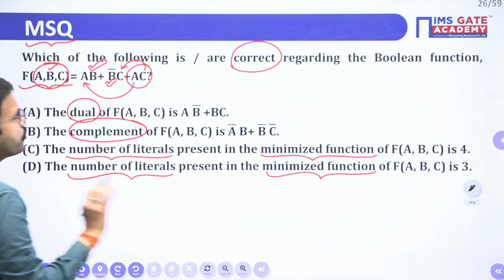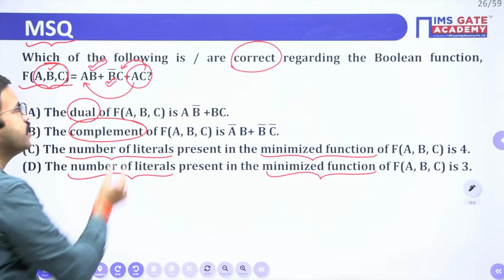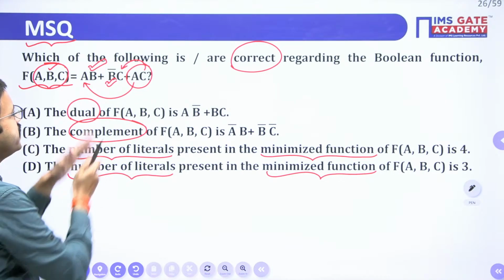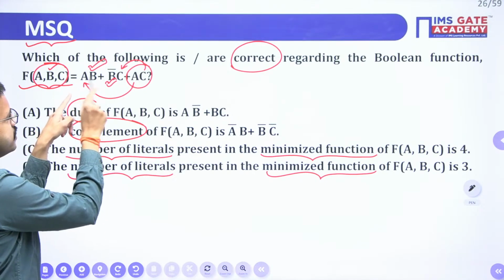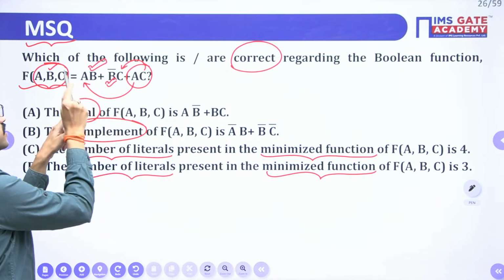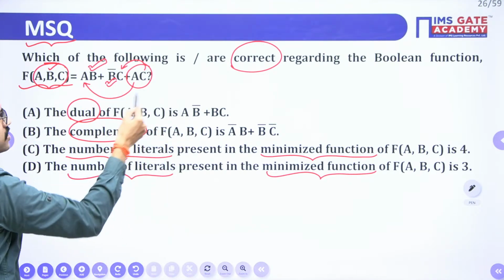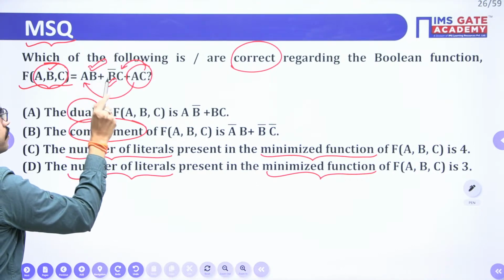The very important conclusion here is that whatever term you have considered, whatever variables you have in that term, in exactly the same format they should get distributed. Since you have two variables here, A is present here, C is present here. A can be present here, C can be present here. There also it will be applicable. The missing variable should be present: in this case, B is present as normal here, B' is present here.